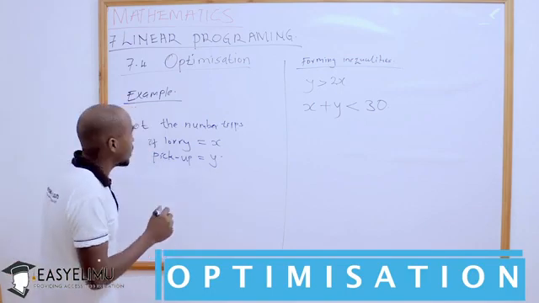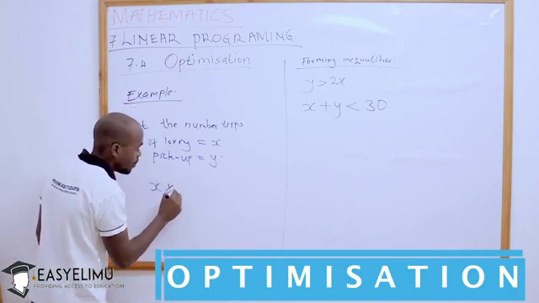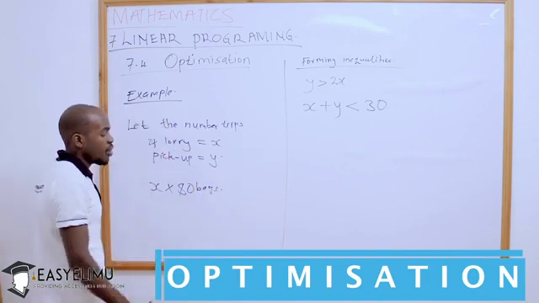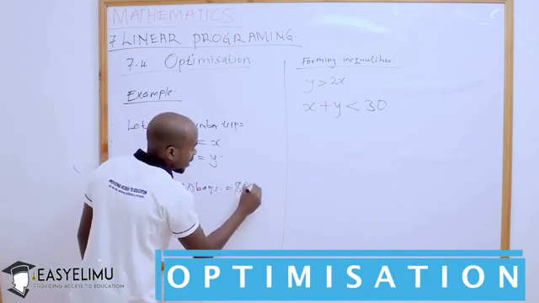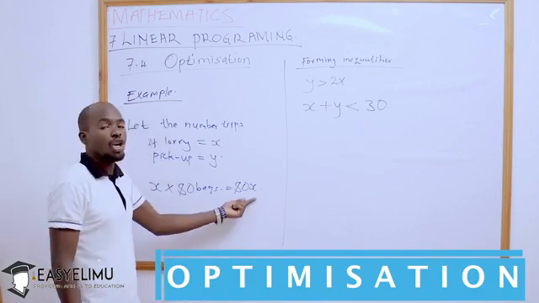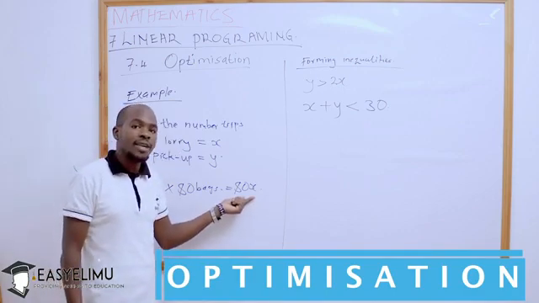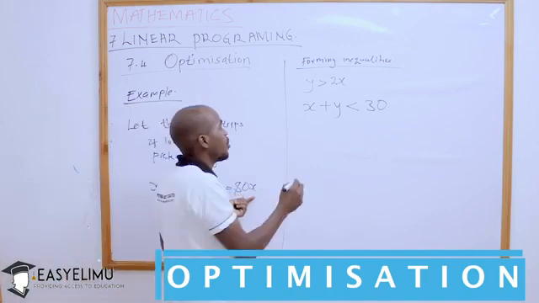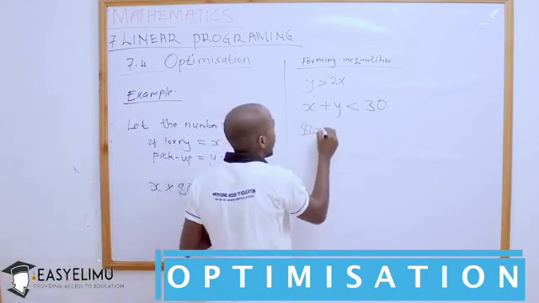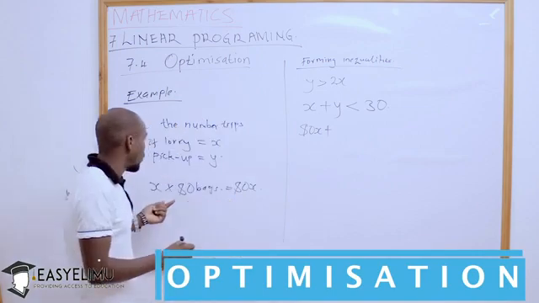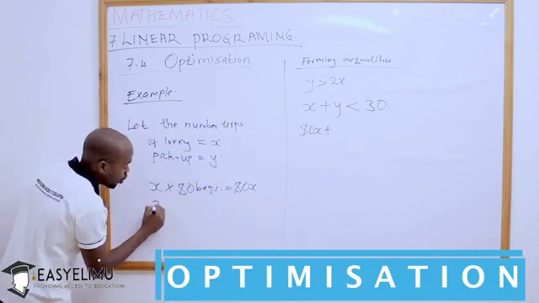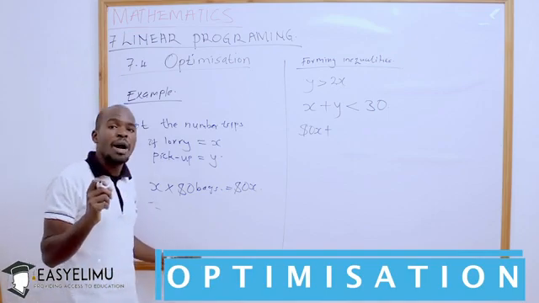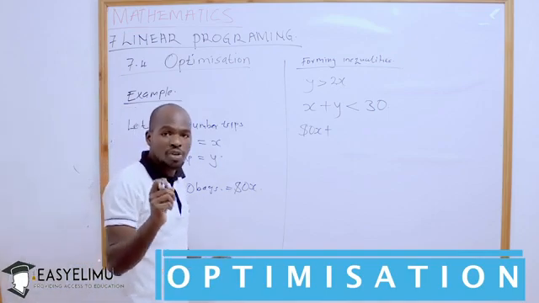For example, x multiplied by 80 bags per trip gives 80x, the total number of bags that a lorry will carry in x trips. Now for the pickup, we have been informed that it carries a maximum of 20 bags per trip.